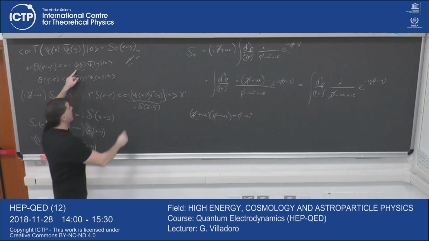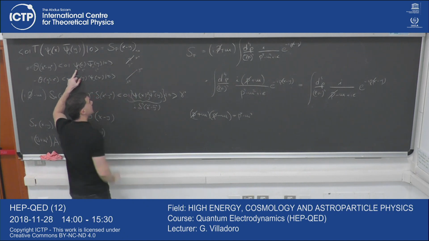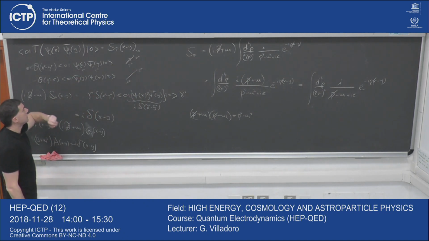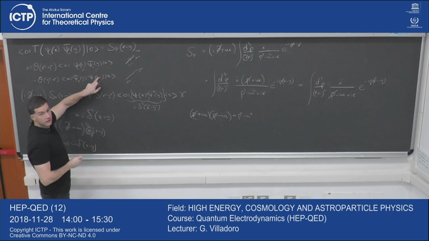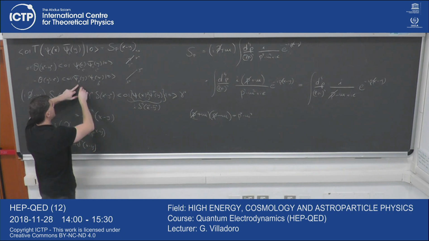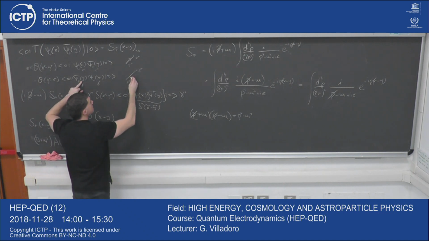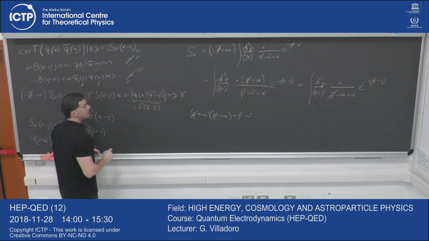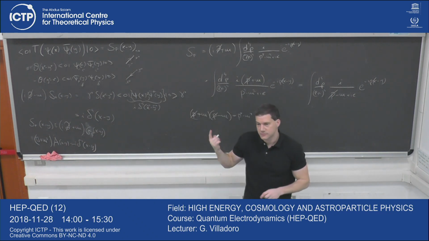When y naught is in the future of x naught, then you first create an antiparticle, because now you use d dagger from psi on the vacuum, and you annihilate it in y.